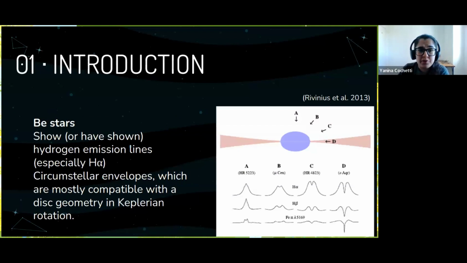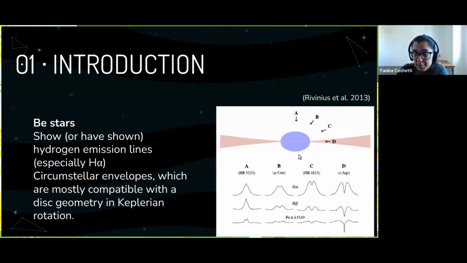So in case you are not familiarized with BE stars, they are usually B-type stars that present or have presented at some moment hydrogen emission lines, especially H-alpha. And this emission comes from a circumstellar envelope that surrounds the star, which is mostly compatible with a disk geometry in Keplerian rotation.